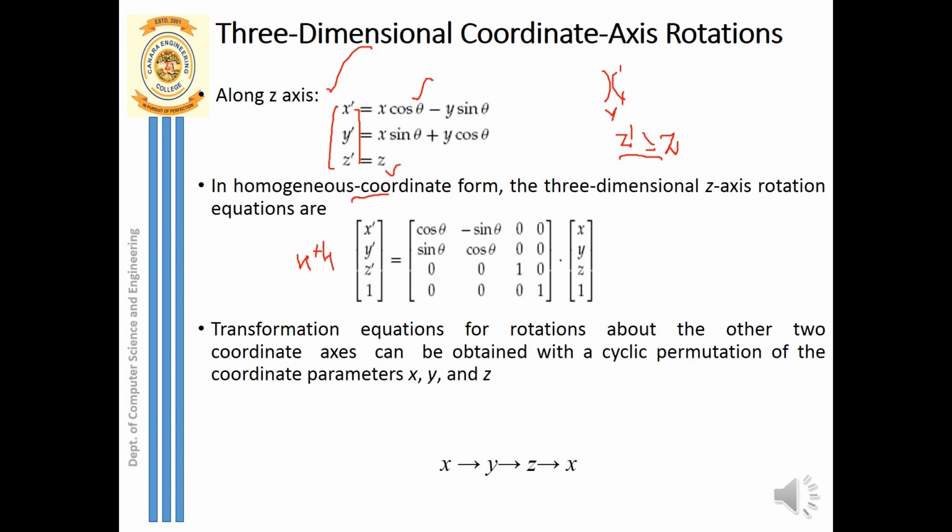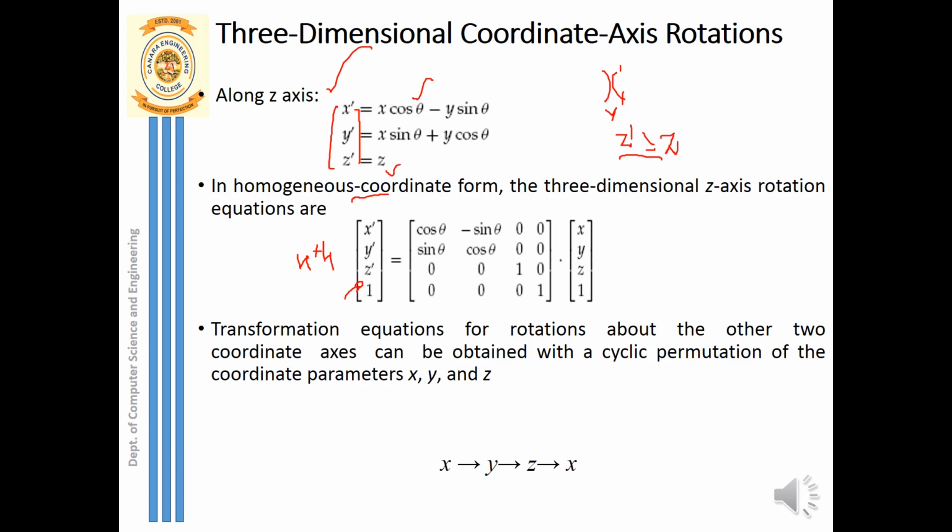Now the LHS represents the new point after rotation. So I can write it as a column matrix: x dash, y dash, z dash, and the fourth element is 1, which indicates the reference point, that is the origin about which we are rotating the object.